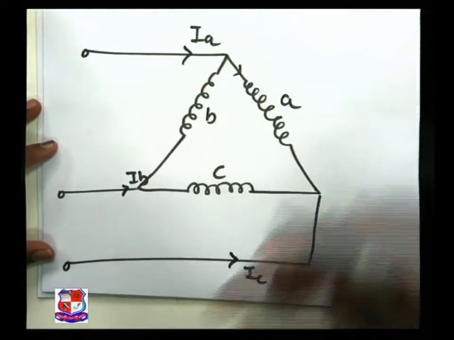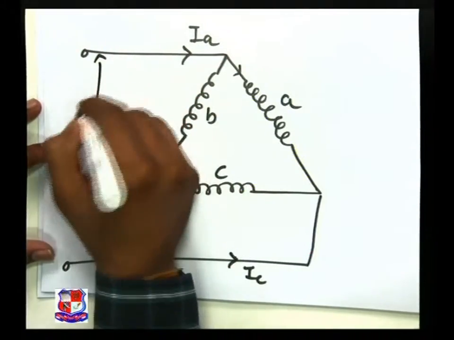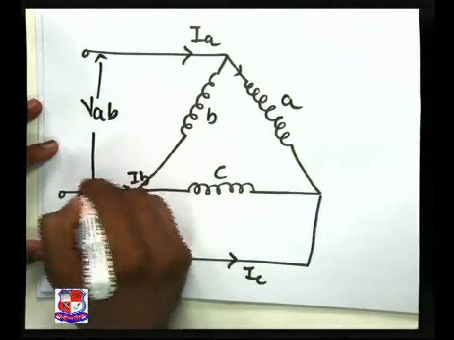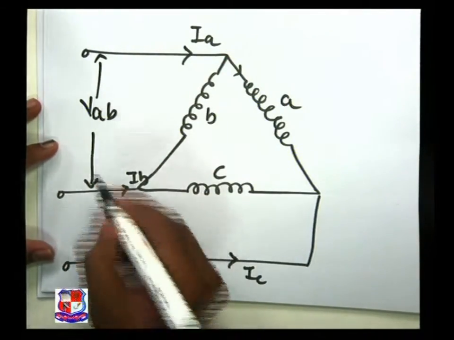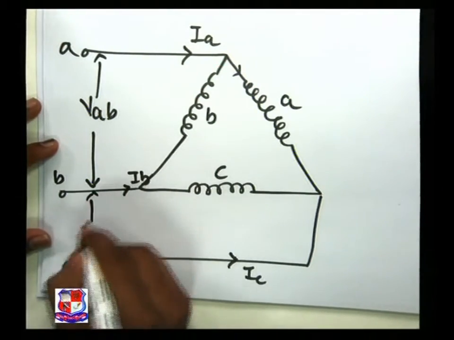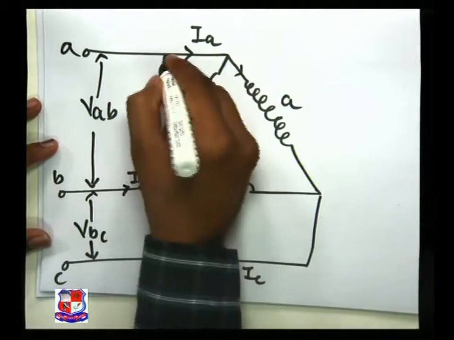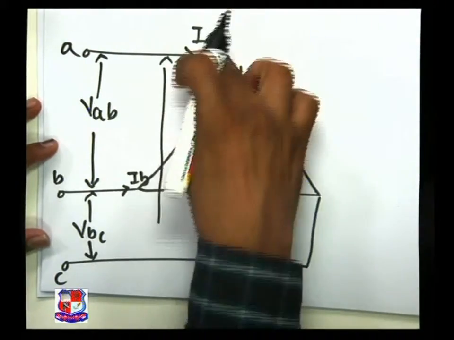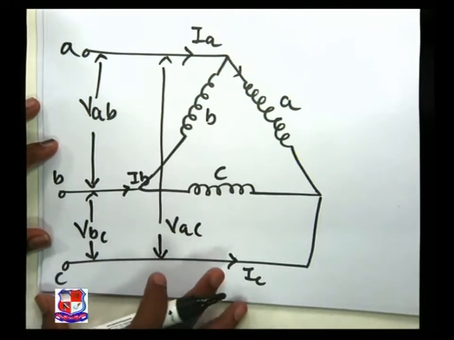Now whatever the line voltage between A and B, this is called VAB. So this is the line voltage between A and B. Now between B and C, because this is your A phase, B and your C phase, here you can find VBC, the line voltage between B and C, and the voltage between A and C, that is VAC. So this is called the line voltage.